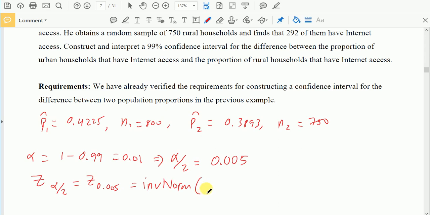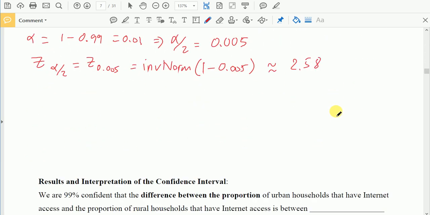And then you take 1 minus whatever you have here, or alpha over 2, which is 0.005. And using the TI-84, you should get the z-score for alpha over 2 to be 2.58. Once you have that, you can find the bounds from the formula I just talked about above.